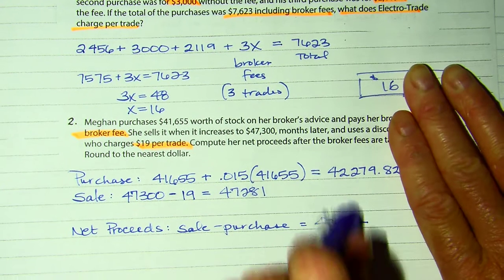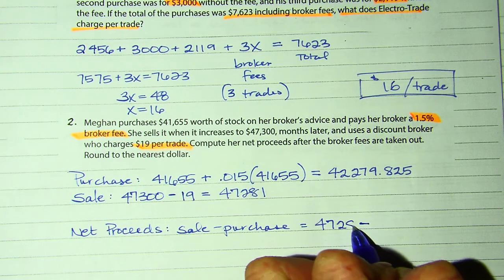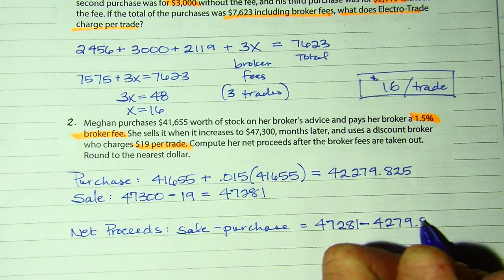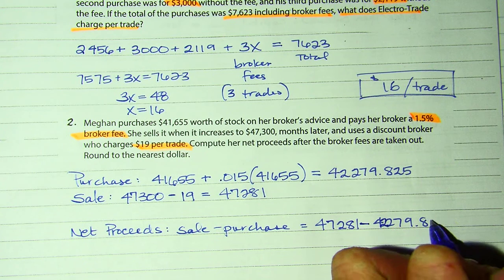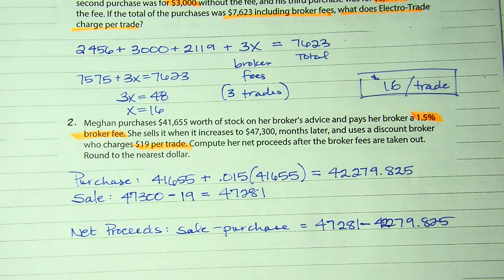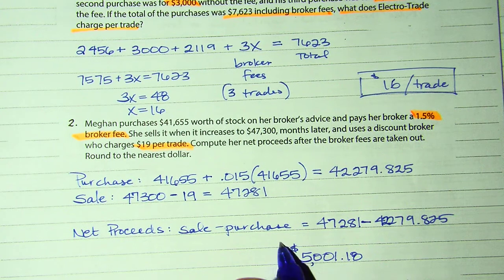My bad. So her net proceeds is the amount of sales minus what she purchased it for, and then we'll round to the nearest dollar. So 47,281 minus 42,279.825, and her net proceeds are $5,001.18.